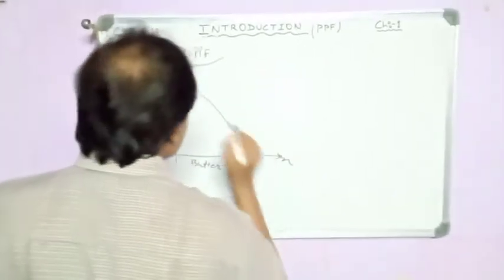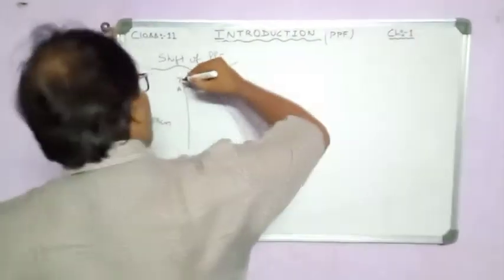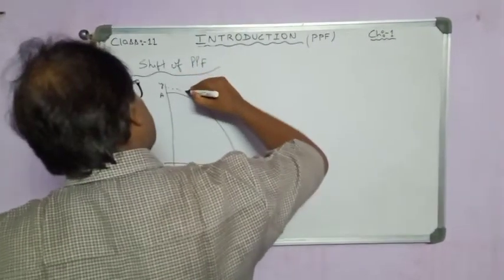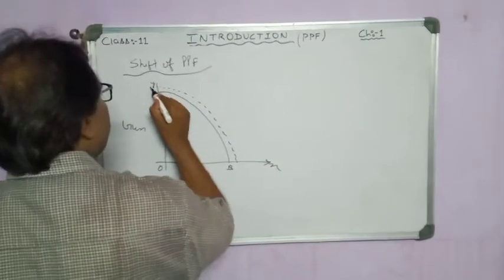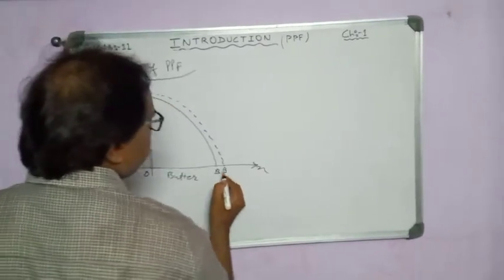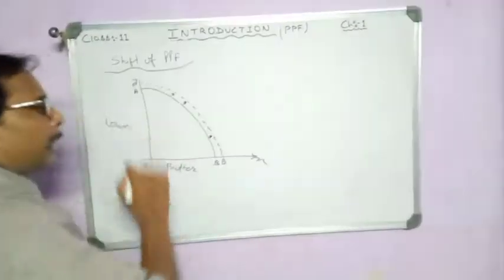This is the x-axis, this is the y-axis, and this is the origin. Now the PPC shifts rightwards. So it is A dash, B dash, and it indicates the shift rightwards.